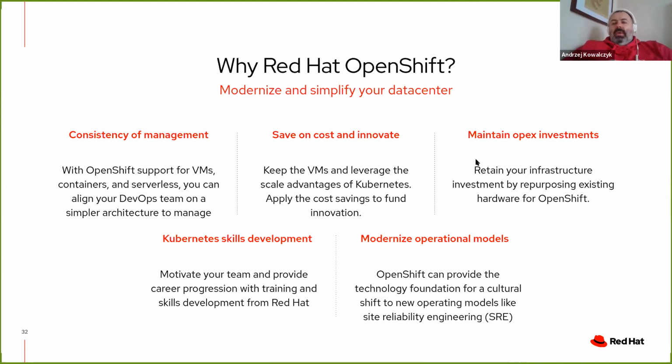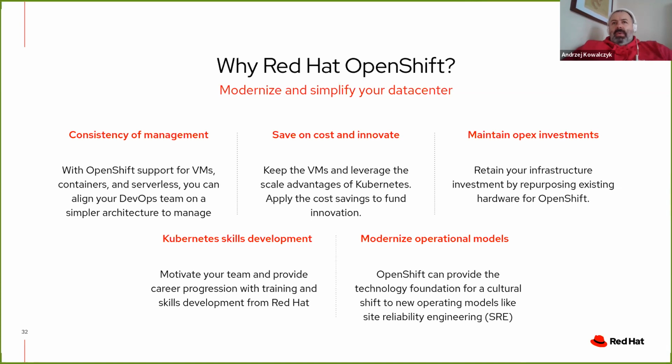Also, you can use more OpenShift because, as I said, there is a different flavor of subscription, which is socket-based, so it's much cheaper than core-based. And you can motivate your team to improve Kubernetes skills. By the way, Kubernetes is the most desirable job right now in the world.